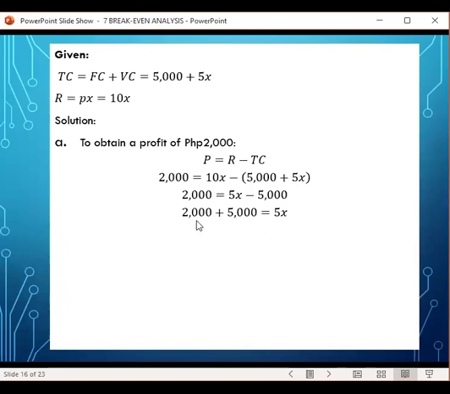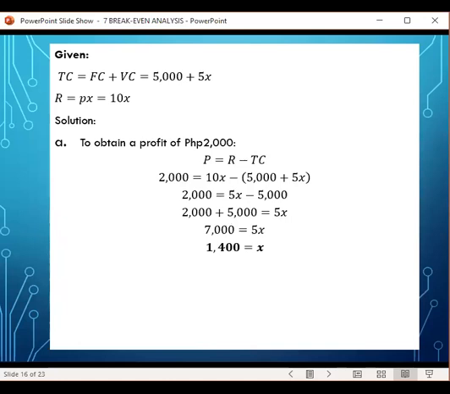Next, we simplify this. 2,000 plus 5,000, you get 7,000 pesos. So 7,000 is equal to 5x. So we isolate the x here. We should eliminate the 5. So we multiply both sides by 1/5. You get 1,400.